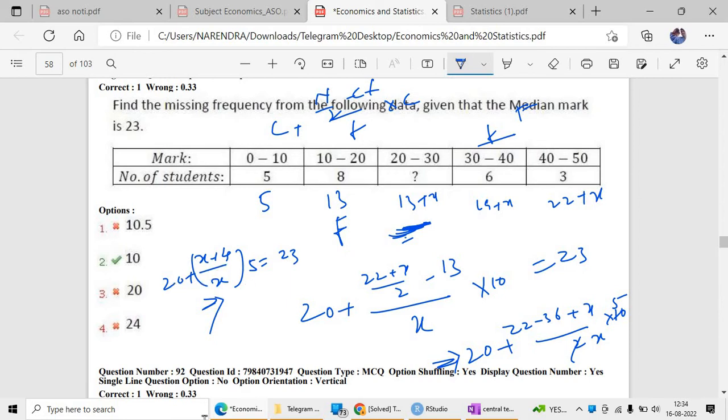So finally we get 5x minus 14, times 5, that is 70, equal to 23x. So it will be like 3x.